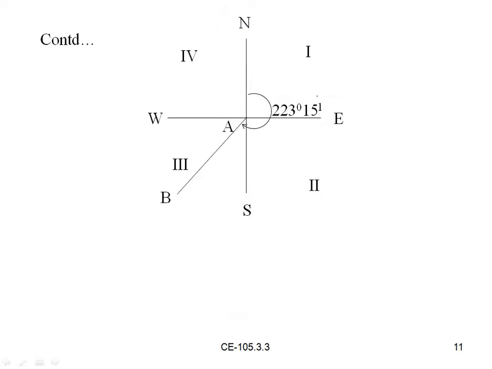So the next one, 223 degrees 15 minutes. These are the examples and problems which will also come in competitive examinations. So now it is 223 degrees 15 minutes. It is in the third quadrant, A, B points.